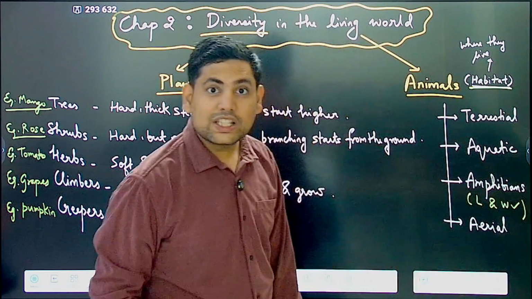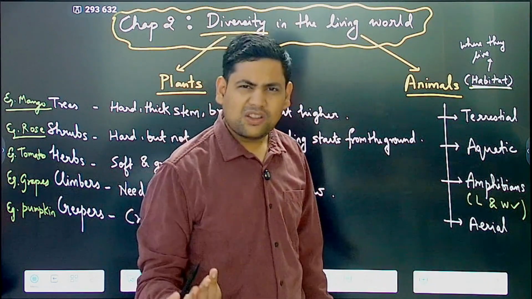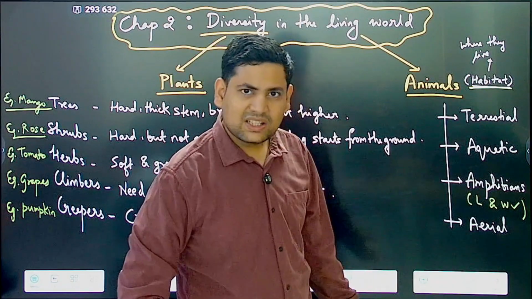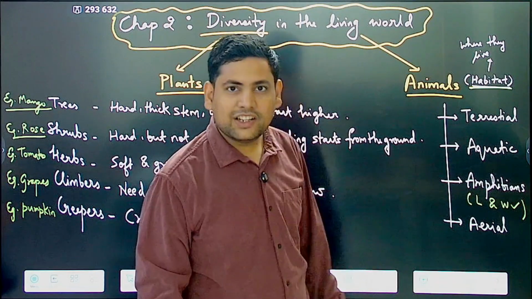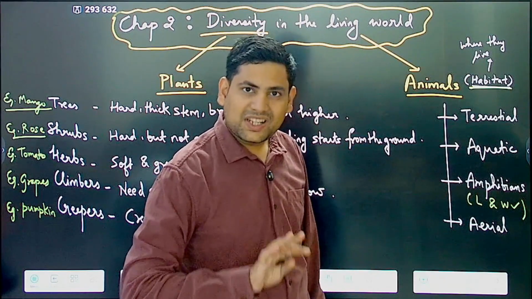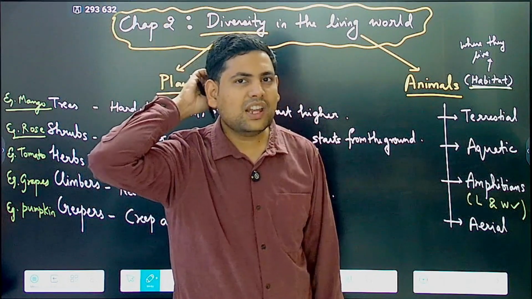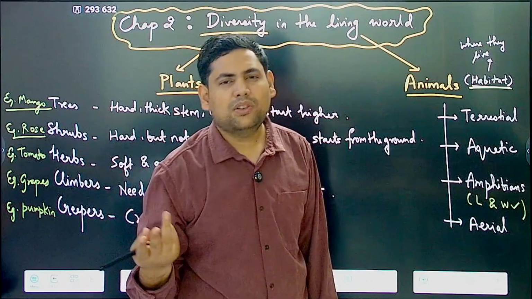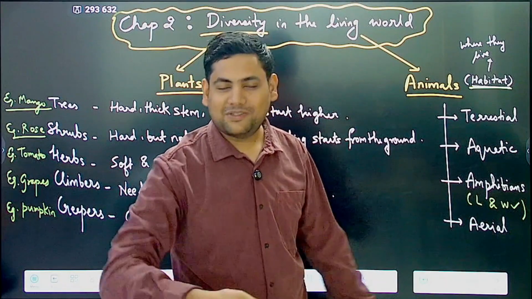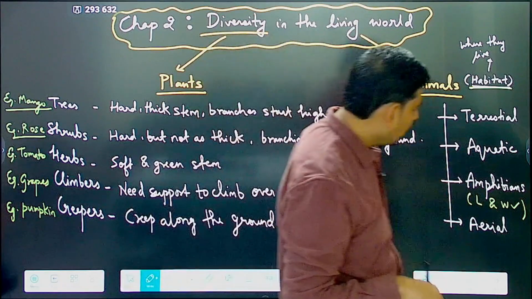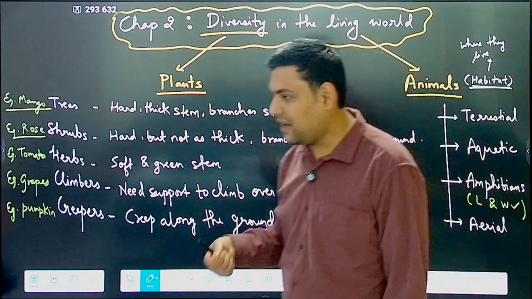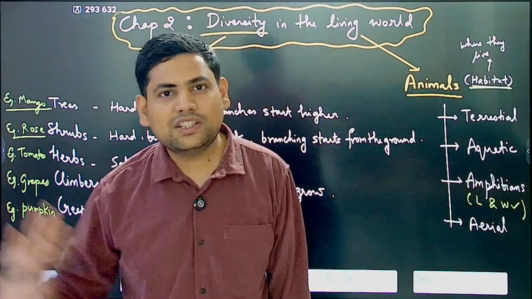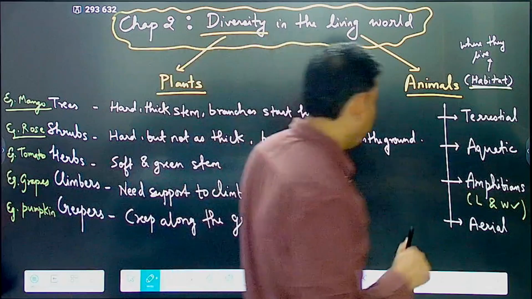Example of amphibian is frog, you might have heard. There are many snakes. Correct? Then aerial. Aerial means which can fly. Correct? Which remains in the air for large parts. Example of this is pigeon or whatever bird you like. So this is the basic classification of animals. The classification of animals based on phylum and all that we'll see in later classes.